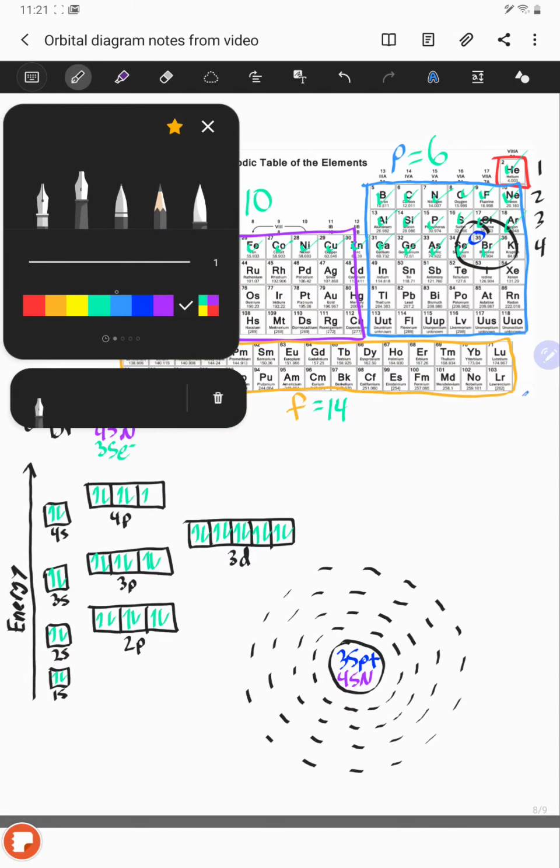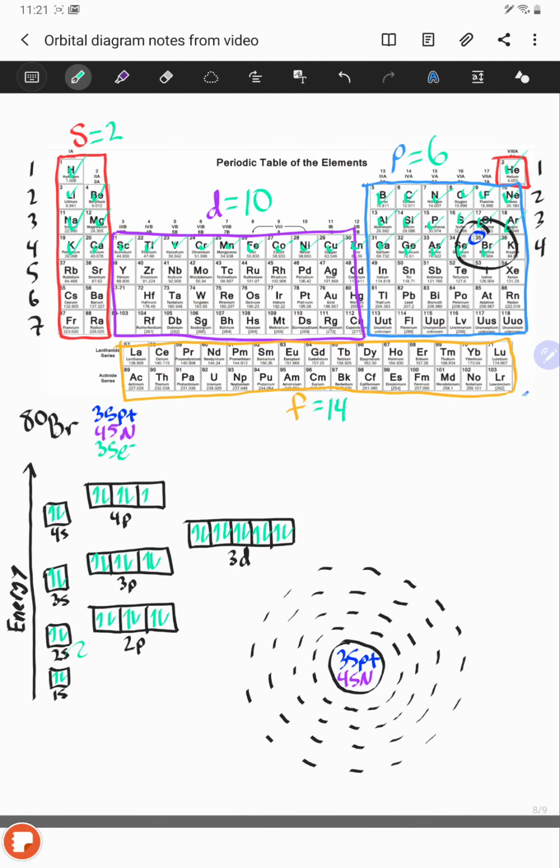All right, how many electrons go on each energy level? All we're going to do is find the energy level on the periodic table, and count how many electrons are there. So the first energy level, we have 2 arrows, meaning that there are 2 electrons in the first energy level. The second energy level, we're going to count how many electrons are in it. So we have 8 electrons in that second energy level. Next, we have the third energy level.